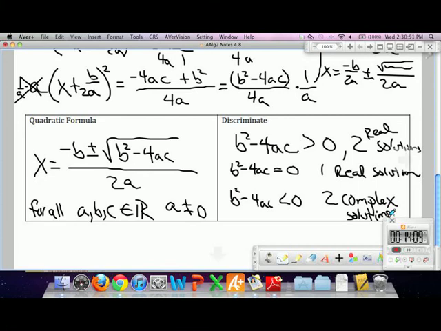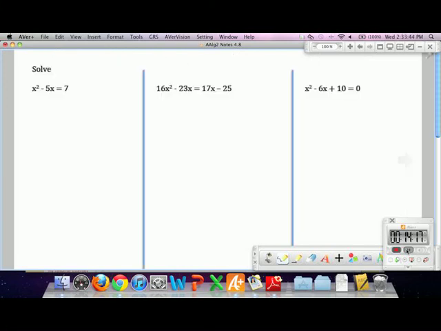With that, I don't want to spend a ton more time on this, because once you have the formula and can plug stuff into it, I don't want to hold your hand through it. If you can write these in standard form, it's a matter of plug and chug. So write your equation in standard form.